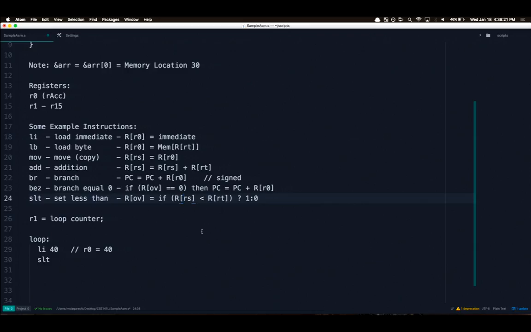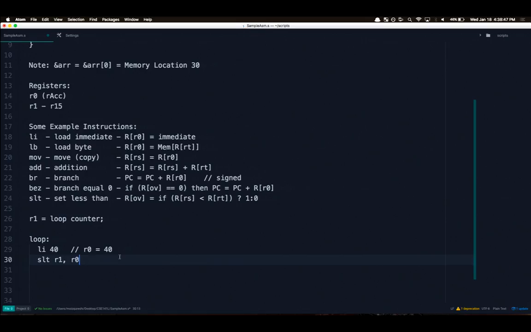So RS for me would be my loop counter R1. And I want to see if it's less than 40, because 40 is stored in R0 now. So if it is less than, then it's going to set my overflow bit. So that's what I said here, that R overflow is equal to 1 if RS is less than RT. Otherwise, it's equal to 0.